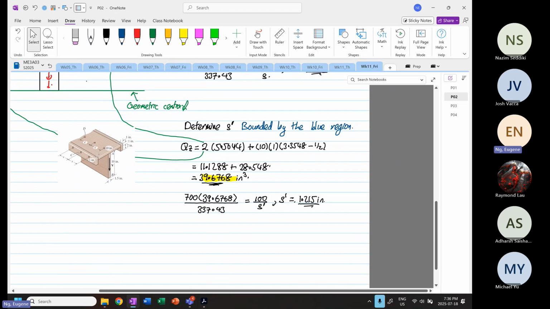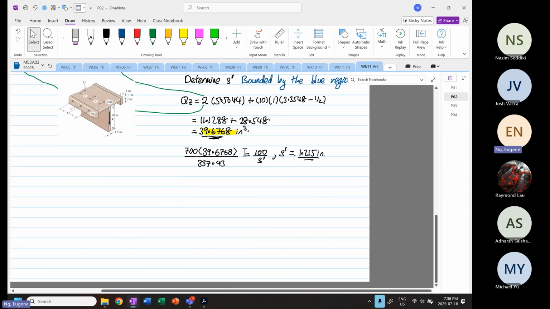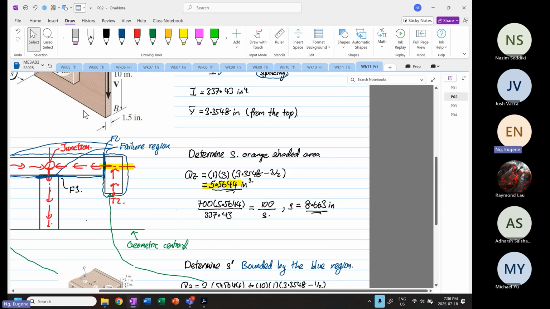Now I'd like to do something further. Still focus on this cross section over here. Let me start on a new page.